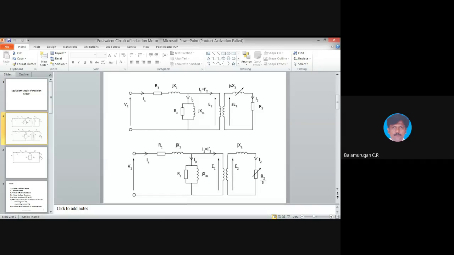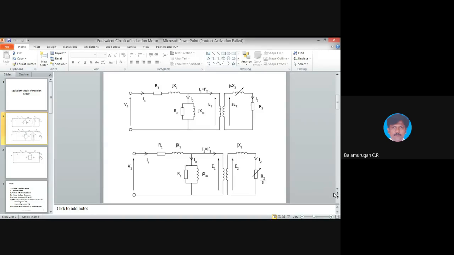See the first diagram. What is the difference between the transformer and the induction motor? I already told you that the induction motor is also called a rotating transformer or polyphase motor. Three-phase we call a polyphase motor.